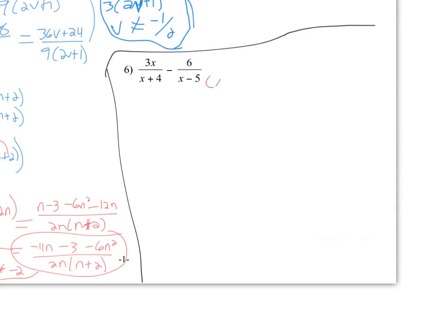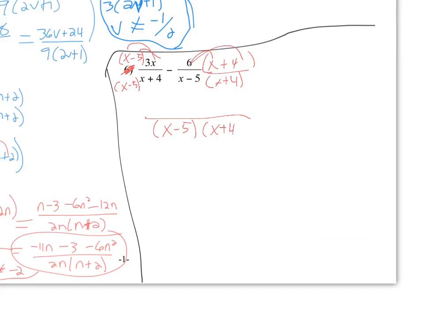So this has got to be x plus 4 over x plus 4, and then this one, that annoying 6 is in the way, so multiply that by x minus 5 over x minus 5, and then I have to distribute. All of this has got to distribute. So I've got my common denominator, which is x minus 5 times x plus 4, and then 3x times x.